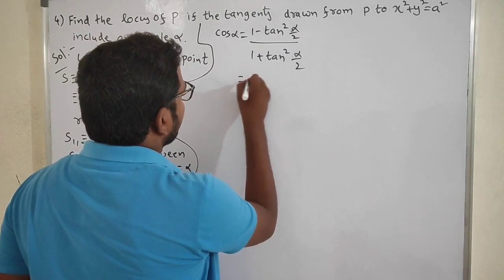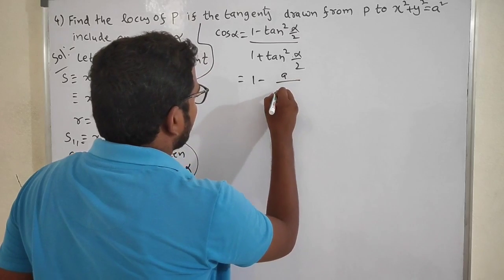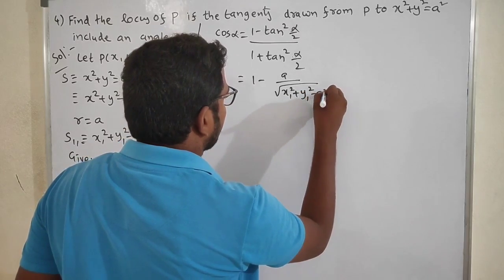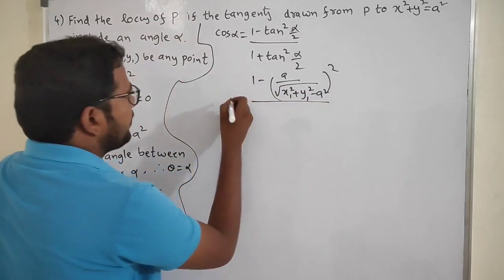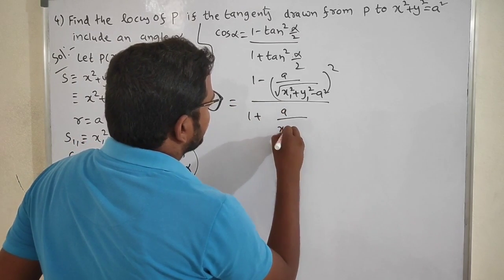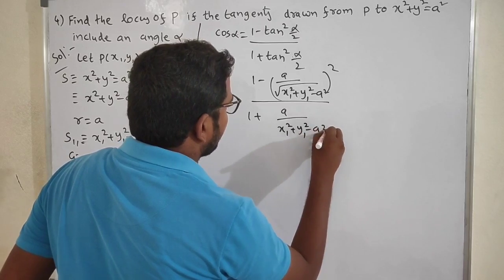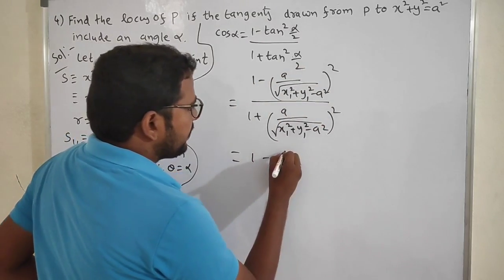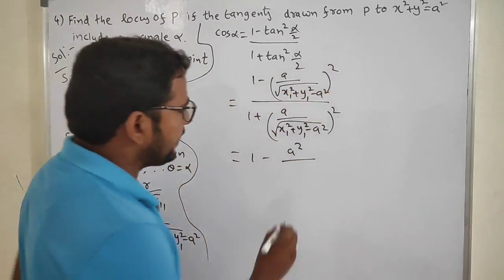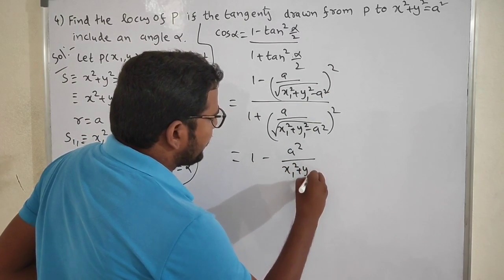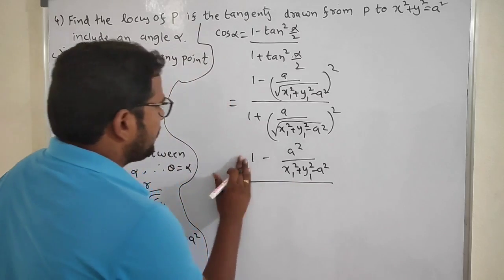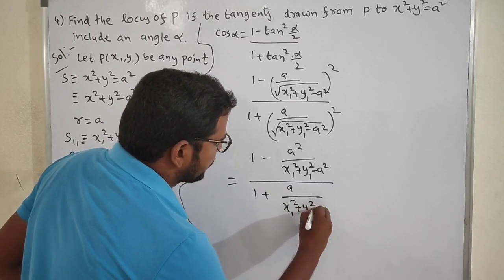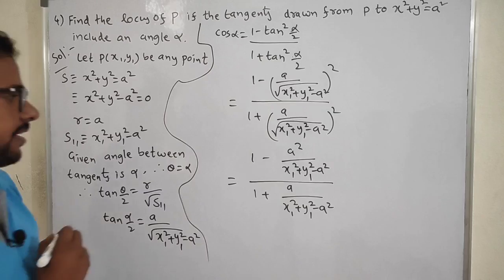So it is equals to 1 minus a by root over x1 square plus y1 square minus a square whole square, by the denominator also same, 1 plus a by root over x1 square plus y1 square minus a square whole square. Okay na? And 1 minus a square by denominator, square root cancel avutundi denominator ki, ante em ostundandi x1 square plus y1 square minus a square divided by, here also same, 1 plus a square by x1 square plus y1 square minus a square. Now take the LCM.